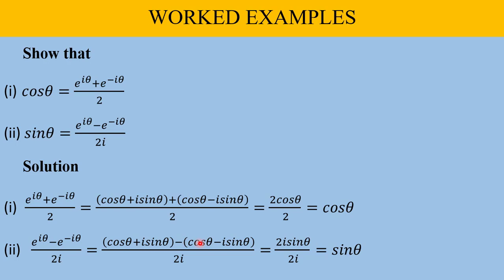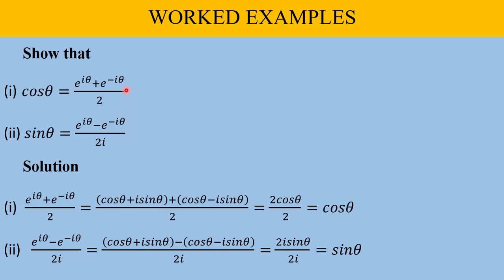Cos theta minus cos theta is 0. Then we remain with I sin theta minus minus, which becomes plus I sin theta. This becomes 2I sin theta, whereby the 2I will cancel and remain with sin theta. So, using Euler's formula, we have proved the two identities.